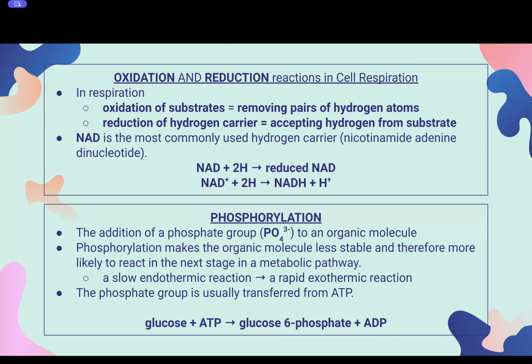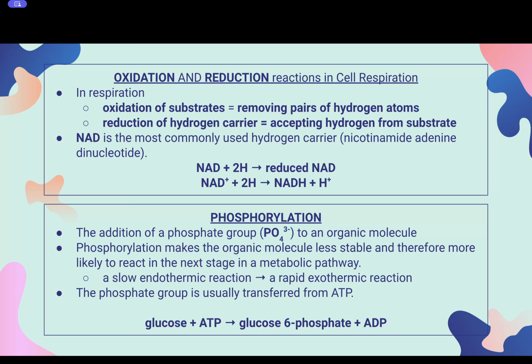Okay, before we go into glycolysis, there's some things that you just need to know. First is oxidation and reduction reactions in cell respiration. In respiration, there's a lot of oxidation that happens with the substrates, and the reduction is happening to the oxidizing agents.